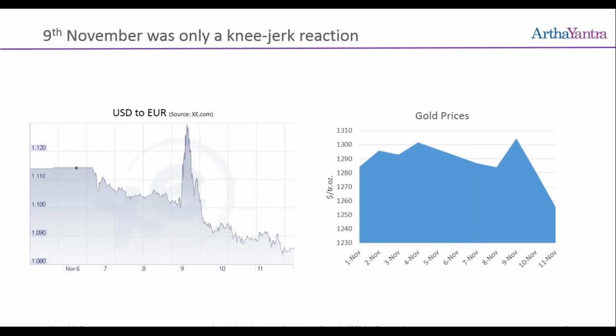If you look at the price of a US dollar compared to the euro, it had gone as high as 1.126, $1.128 equals €1, and gold had also breached the 1,300 mark once again.